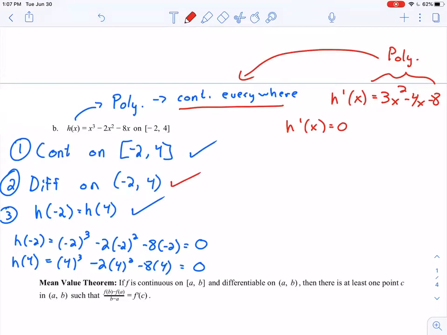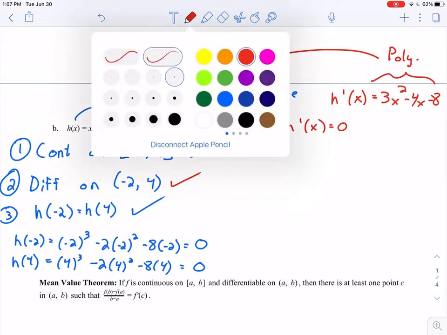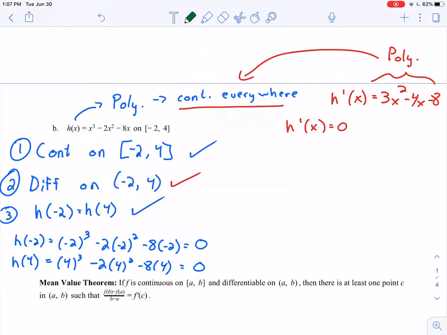So I'm just going to take my derivative, 3x squared minus 4x minus 8, set it equal to 0, and solve for x. Let's do this in a different color, let's do this in green here. I'm going to take 3x squared minus 4x minus 8, set this equal to 0, and solve.